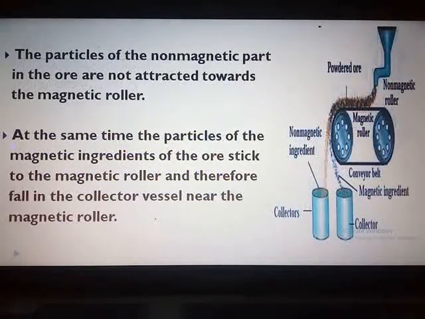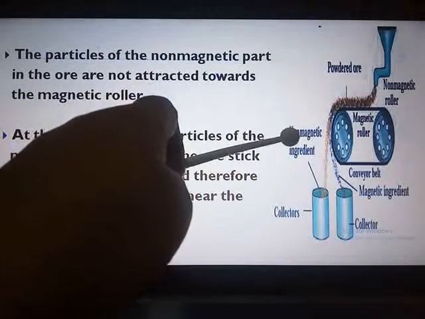Next, in this case, the particles of the non-magnetic part in the ore are not attracted towards the magnetic roller. Now, in your ore, the particles which are non-magnetic will not be attracted towards the magnetic roller, and hence they are carried further along the belt and fall in the collector vessel which is placed away from the magnetic roller.